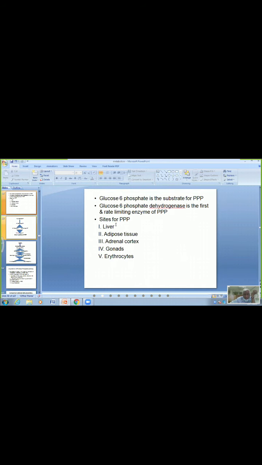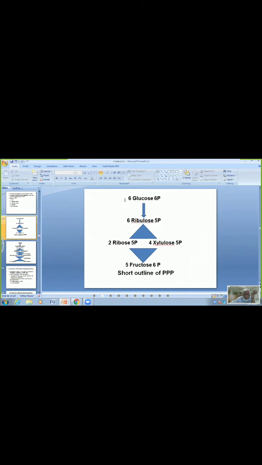This is an important outline of the hexose monophosphate shunt pathway. You see, glucose 6-phosphate is the substrate. 6 molecules of glucose 6-phosphate are decarboxylated to form 6 molecules of ribulose 5-phosphate.